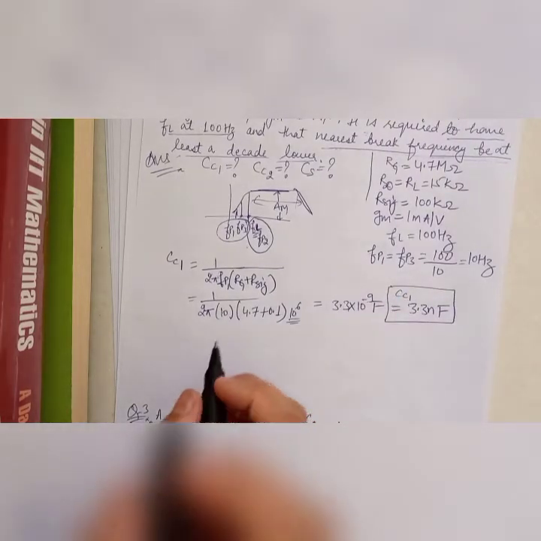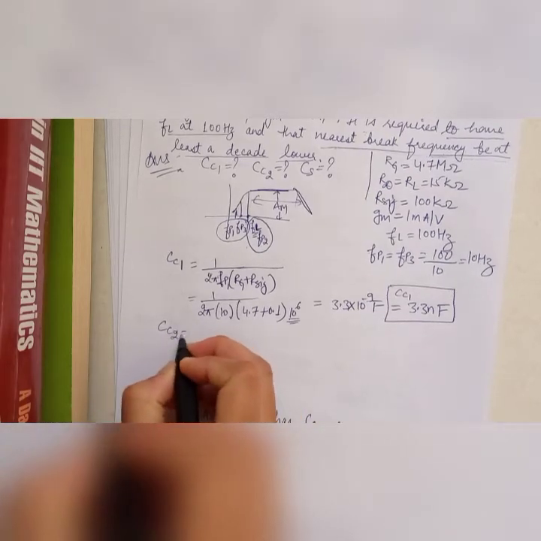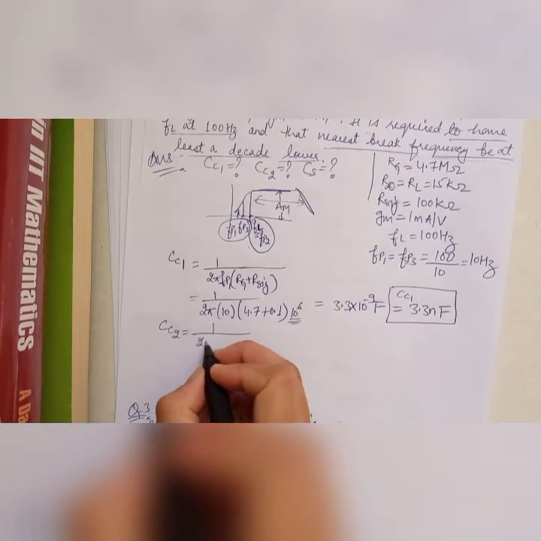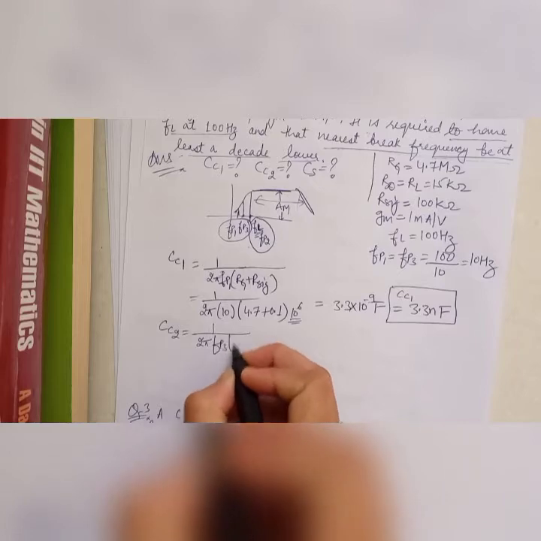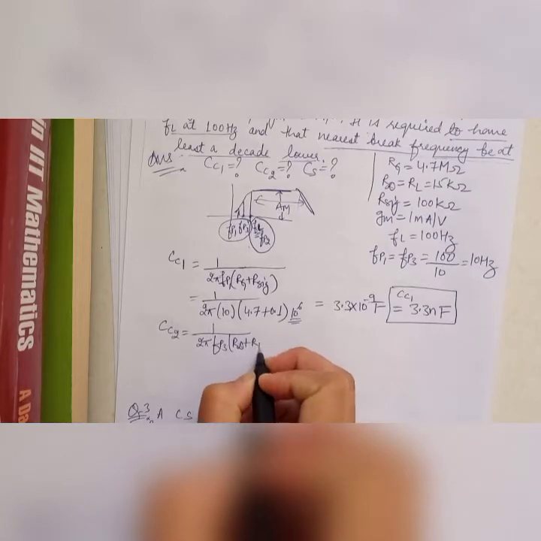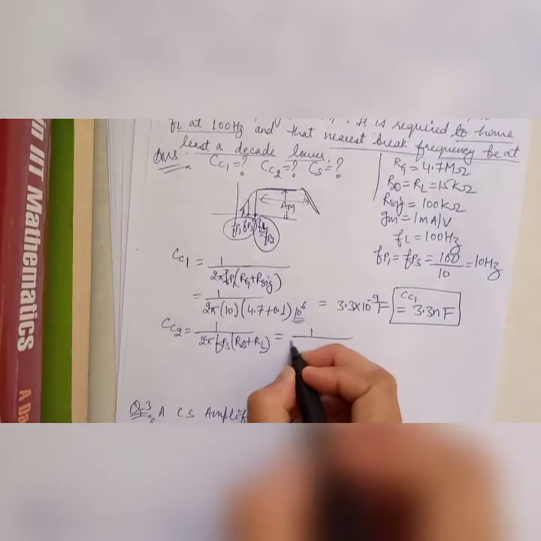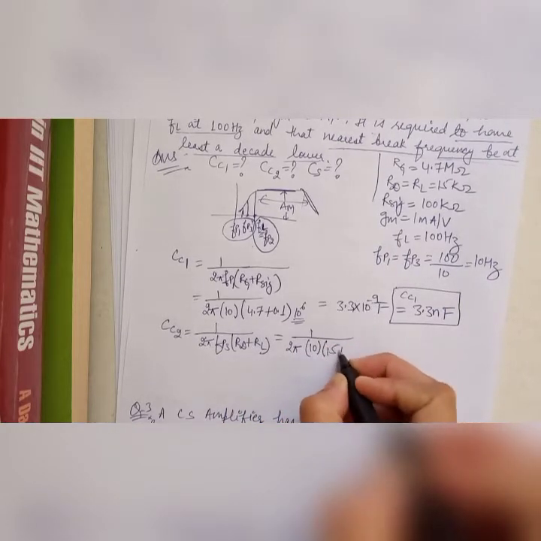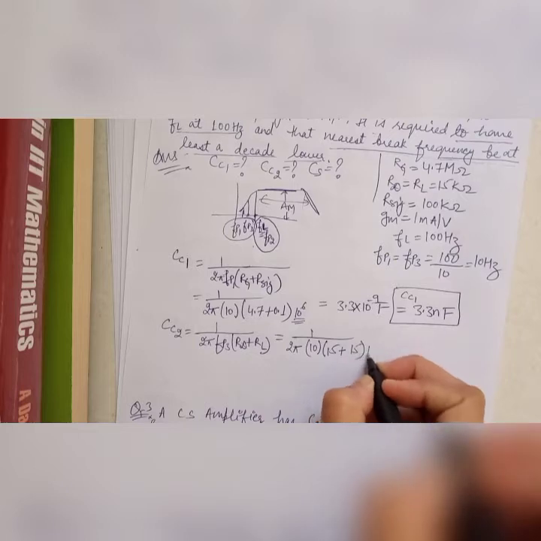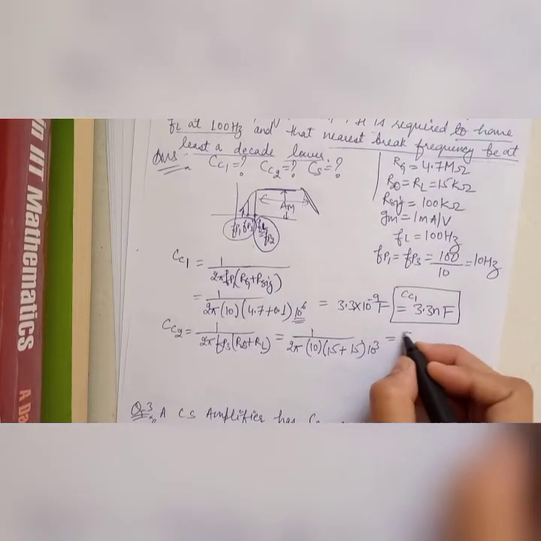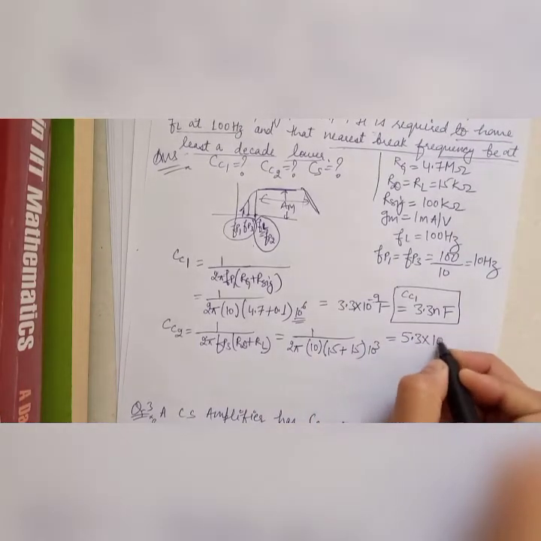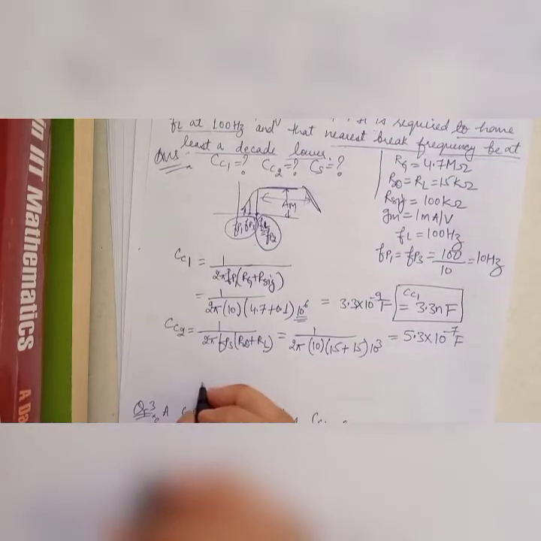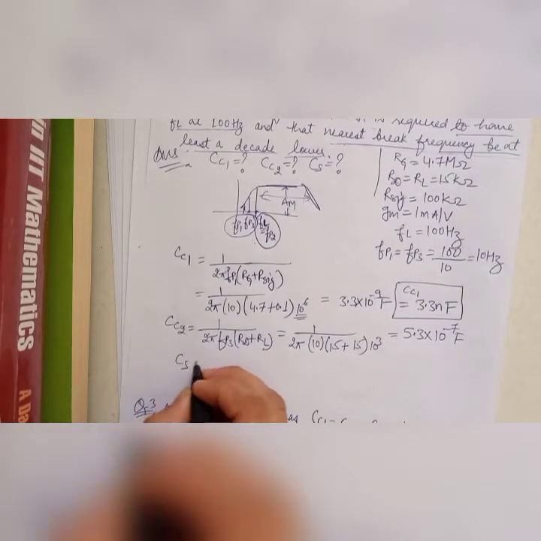Now find out the value of CC2. CC2 is nothing but 1 upon 2 pi FP3 (RD plus RL). That is 1 upon 2 pi, FP3 is 10, RD is 15k, RL is 15k, into 10 to the power 3. When you solve, it will come 5.3 into 10 to the power minus 7 farads. Now last is CS.